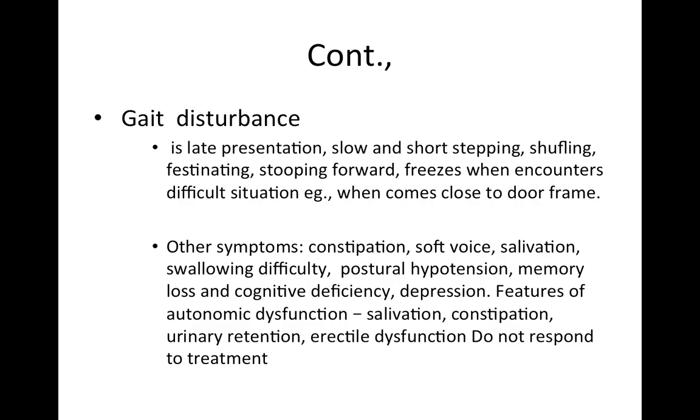The patients may suffer from depression and anxiety. As the disease progresses, there could be autonomic dysfunction. Symptoms of autonomic dysfunction being constipation, urinary retention, and erectile dysfunction. Symptoms of autonomic dysfunction, they do not respond to treatment.